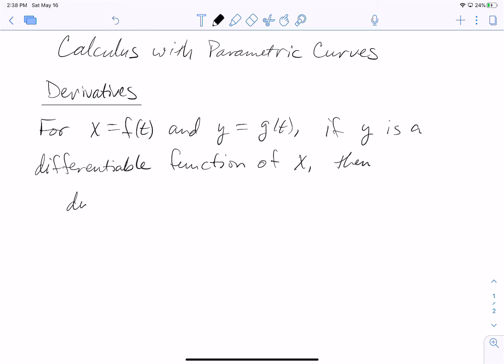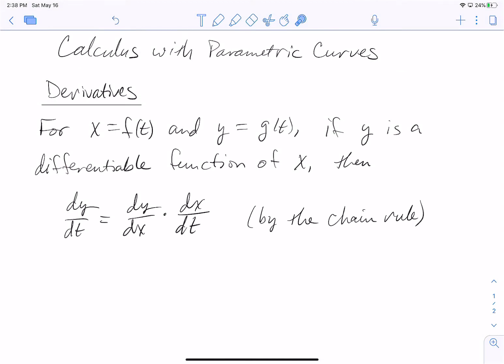then we have that dy dt is equal to dy dx times dx dt. That's by the chain rule. We're saying that y depends on x, but in turn x depends on t. Solving for dy dx, we get that dy dx is equal to dy dt divided by dx dt.